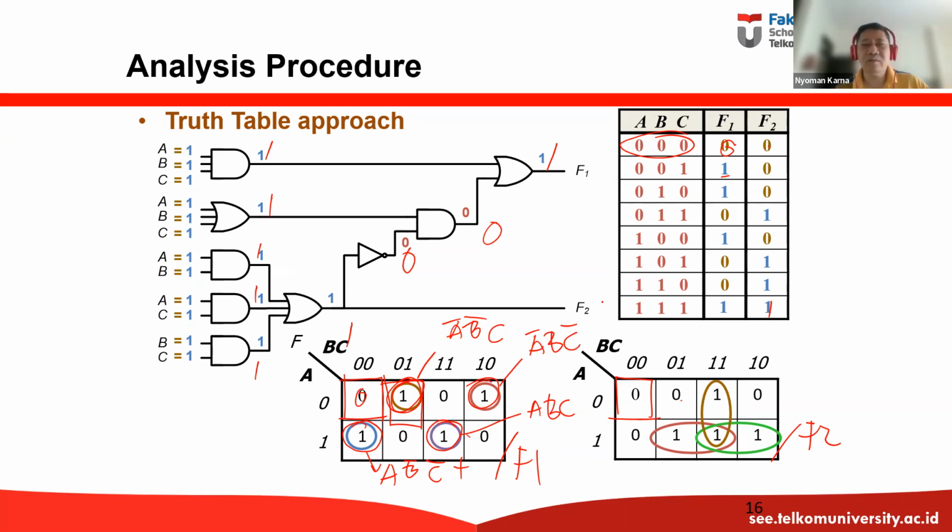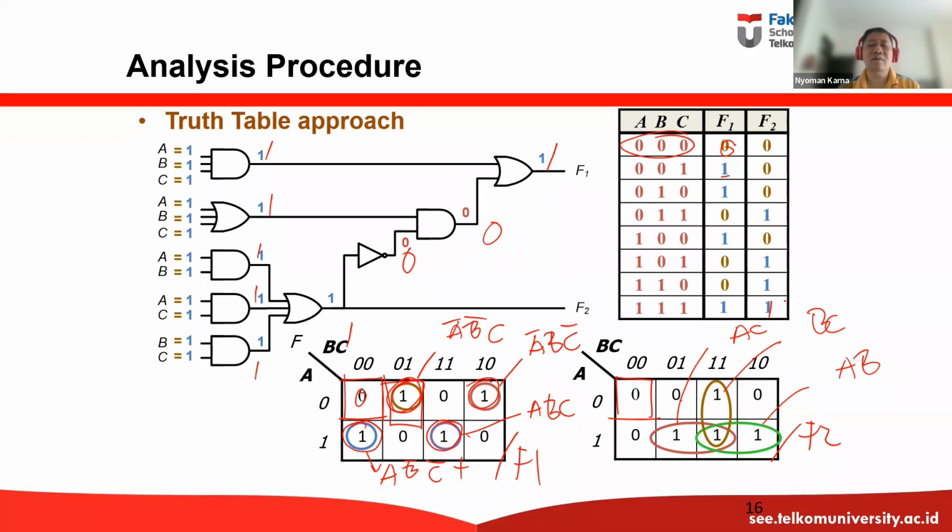The same solution as the Boolean approach. And for the F2, it is BC, and then this one is AB, and then this one is AC. So it's AC plus BC plus AB.